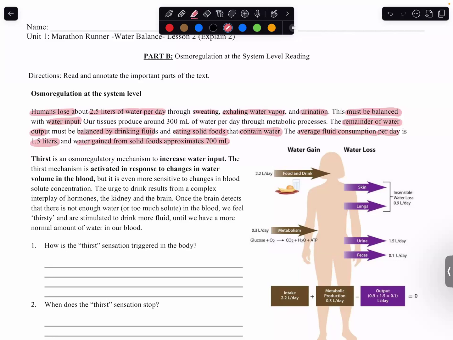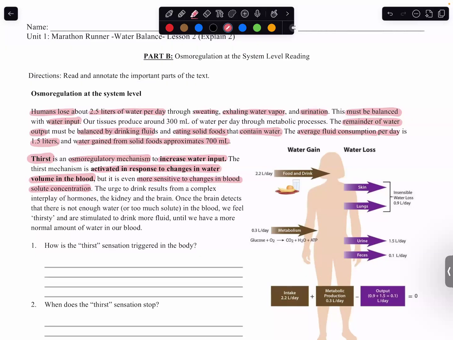Let's continue reading. So thirst is an osmoregulatory mechanism to increase water input, right? That's pretty simple. We become thirsty when we need to increase our water input, when we need to drink water. The thirst mechanism is activated in response to changes in water volume in the blood, but it is even more sensitive to changes in blood solute concentration.